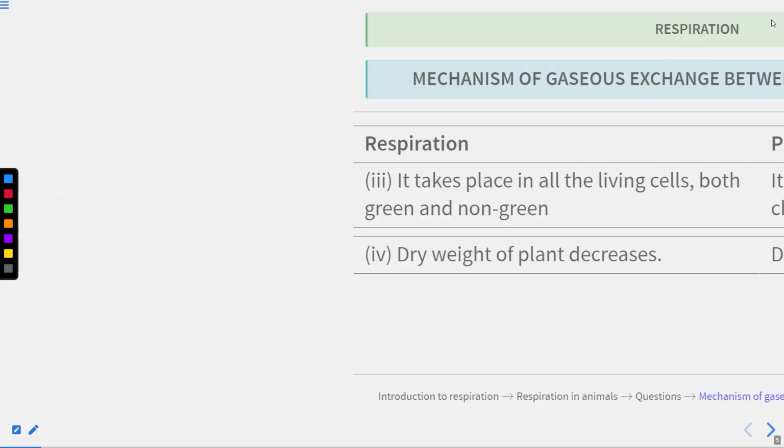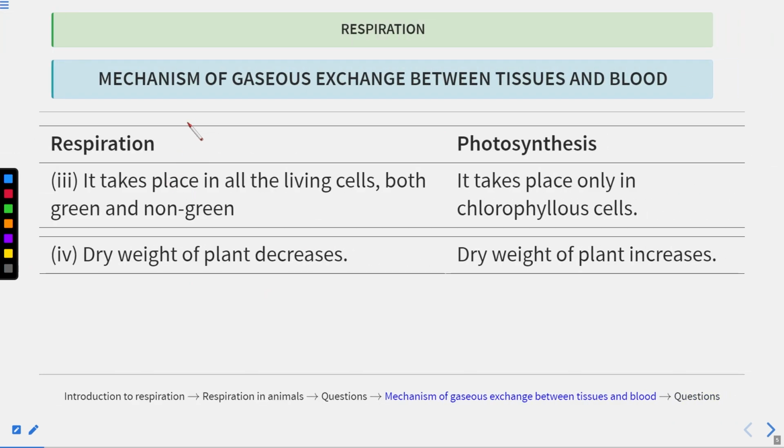All right. So where does respiration take place? It takes place in all living cells, both green as well as non-green. And what is the site of respiration? Respiration takes place in the mitochondria, which is known as the powerhouse of the cell. Whereas what is the site for photosynthesis?